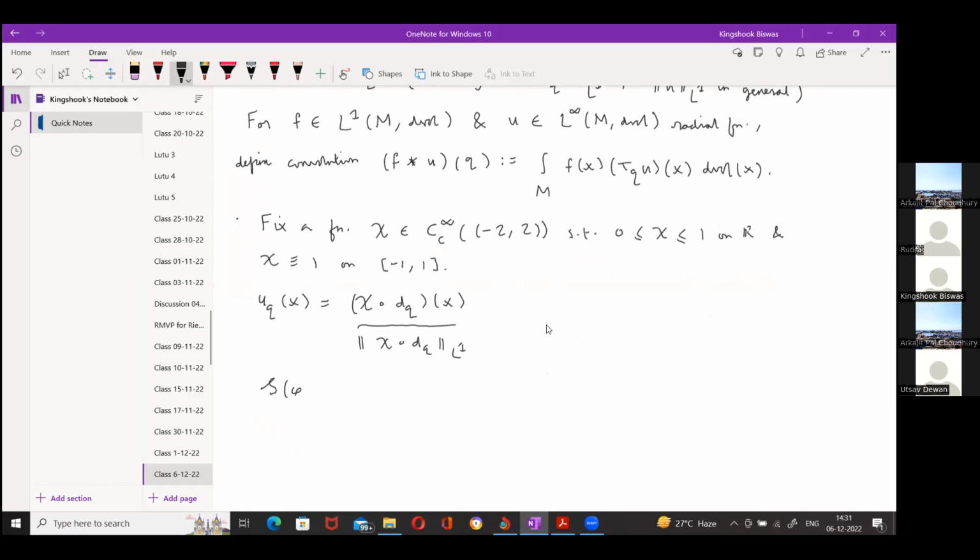So S phi is defined to be this function.